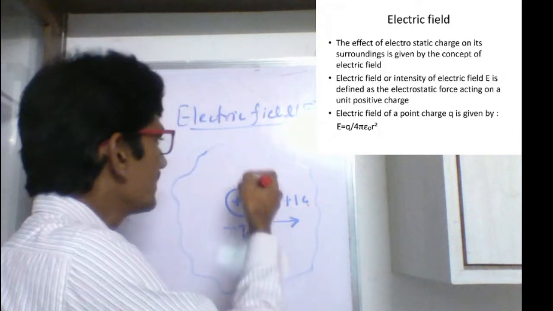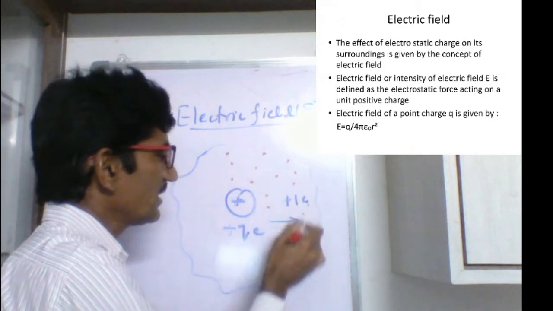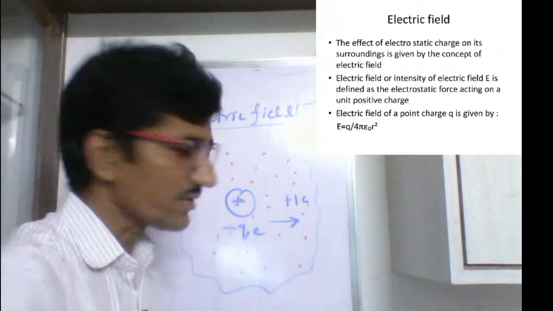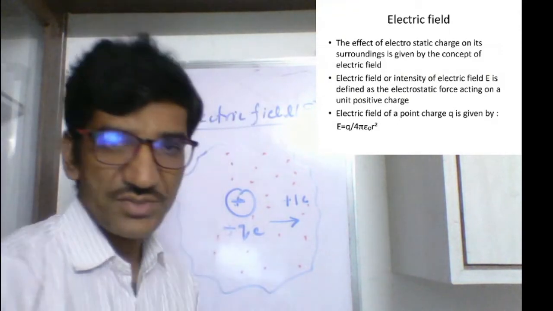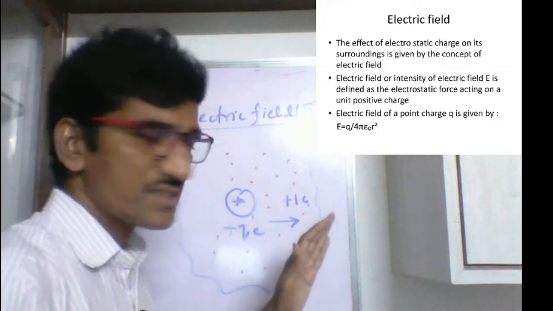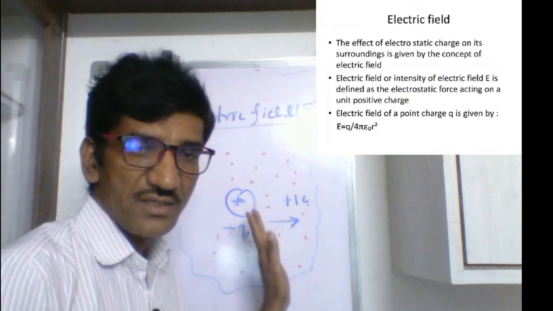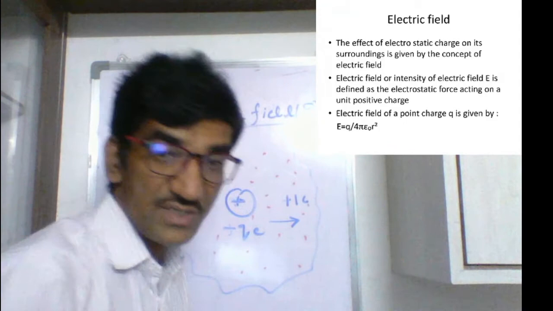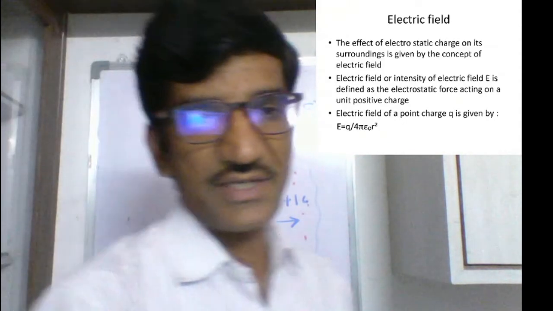Now, the field intensity may vary from point to point in the electric field. Why? Because some points are away from the positive charge, some points are very near to the positive charge. Whenever you place this unit charge at these nearby points, the influence felt by that charge is more compared to the influence felt by the same charge when placed at the farthest points in the field.